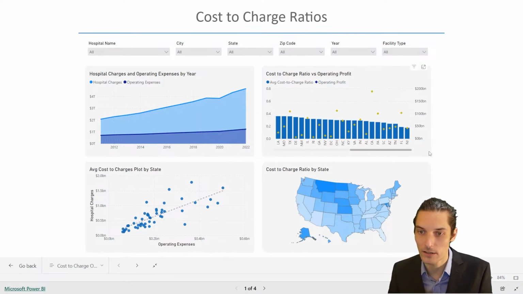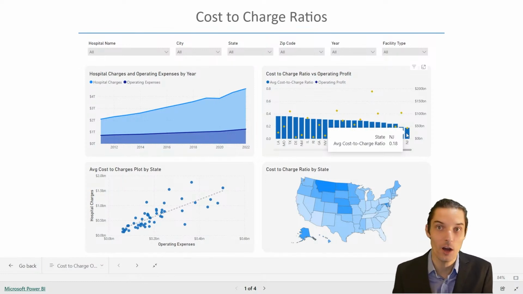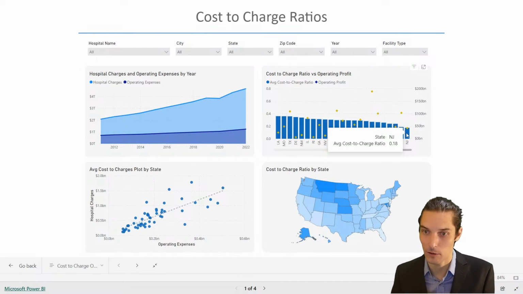If your cost to charge ratio is really low, like in this specific instance, then your cost is 18% of what you are charging. And so if I were in New Jersey, I would negotiate every single bill I had downward, because I know they can come down at least 50%.